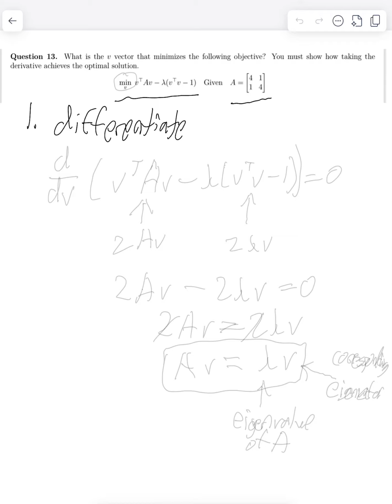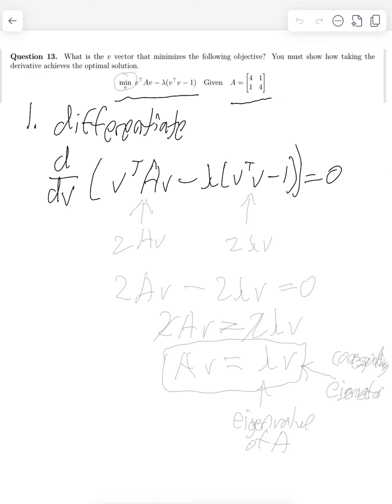So we can write it as d/dv of v^T A v minus lambda (v^T v minus 1) equals 0. I just copied the objective function and put a derivative around it.